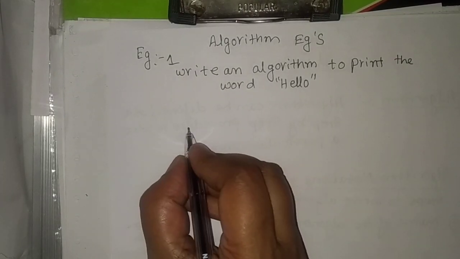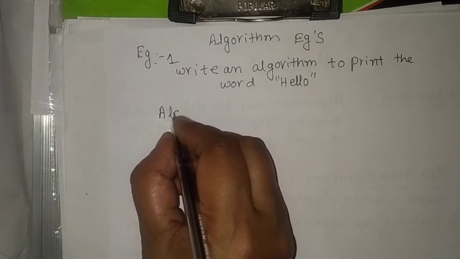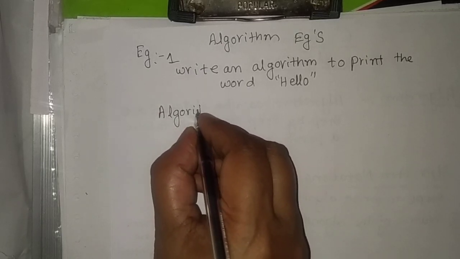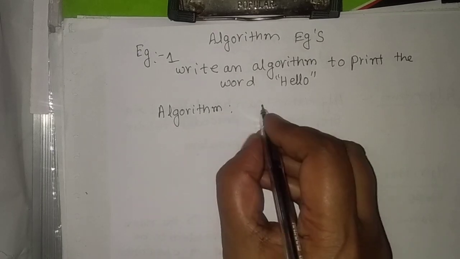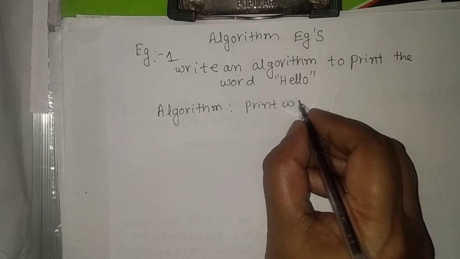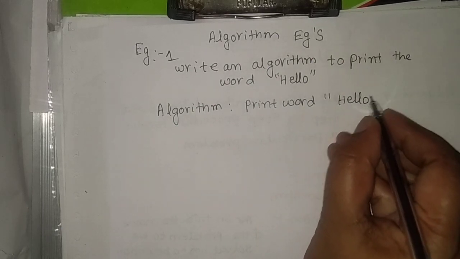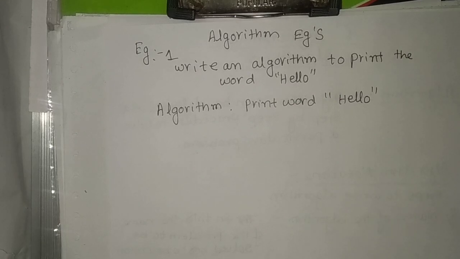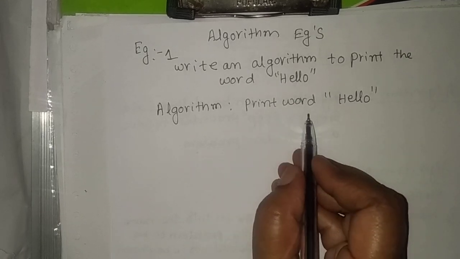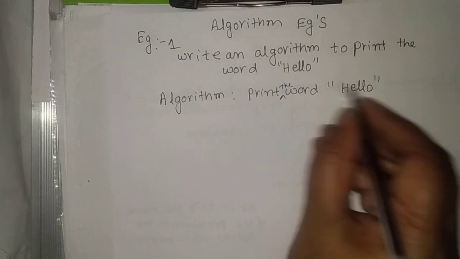First we'll just write down the algorithm here. Then print the word hello in the bracket. This is an indicator, or you can write print the given word, or I am writing print the word hello.